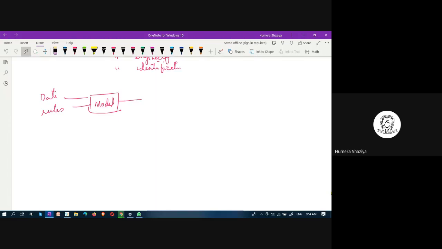Then it can create a program, and this program can do prediction or classification. This is an AI-based or ML-based program.